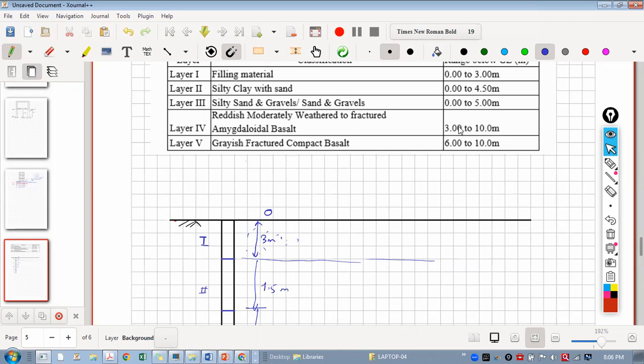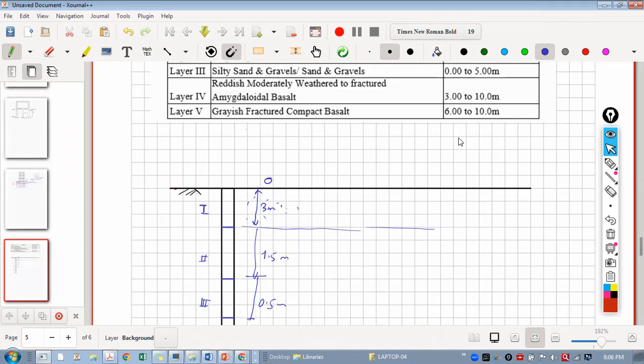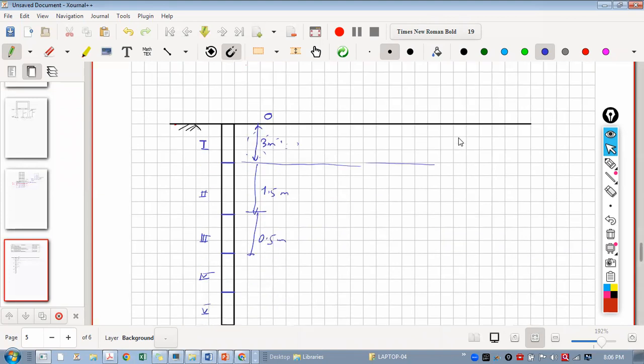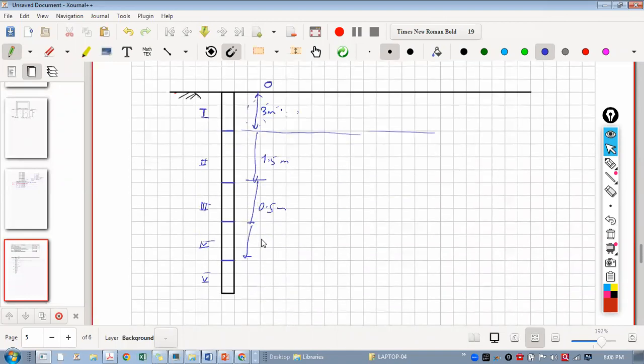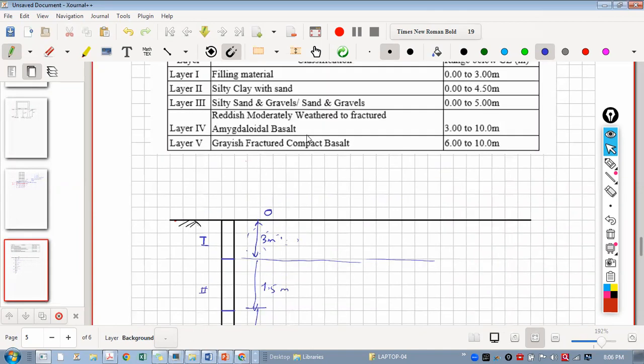Is something wrong? Then we have, let's say, amygdaloidal basalt. See, it is not necessary that geotechnical people are also doing everything correctly. Reddish AB, let me assume this now. And then fractured compact basalt.